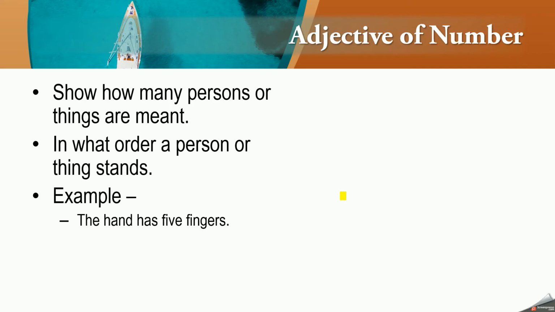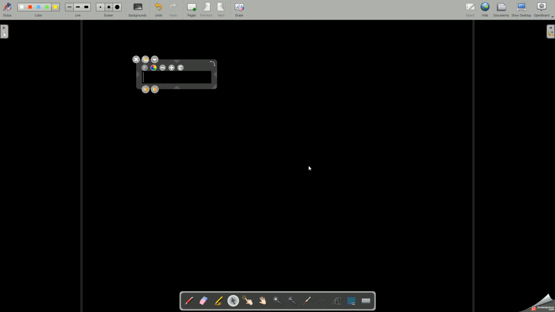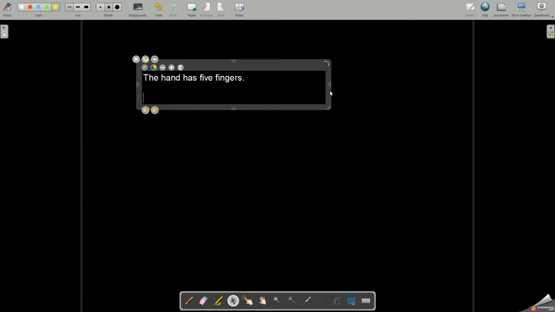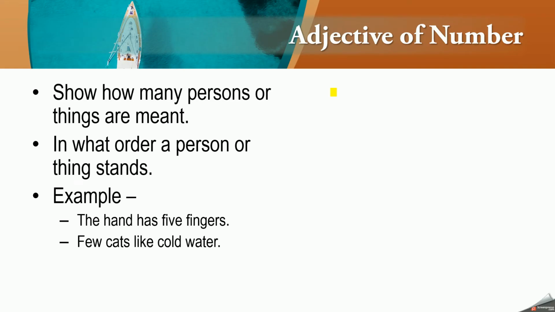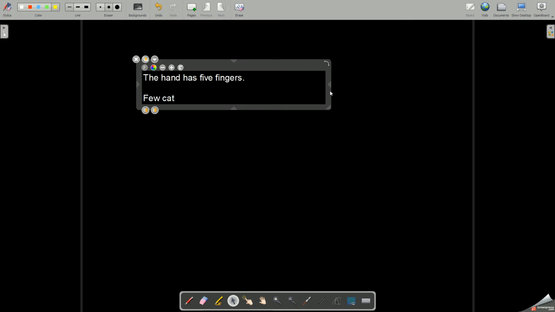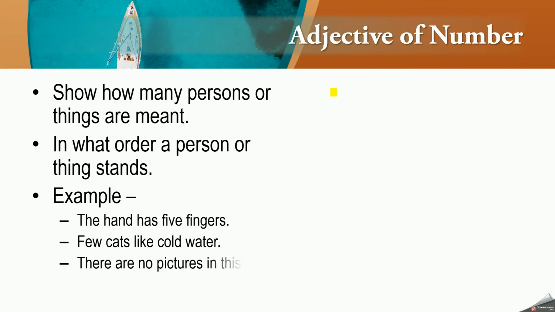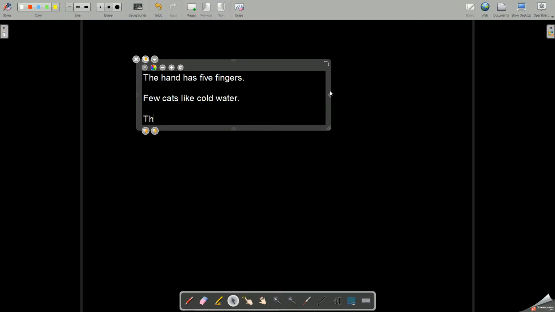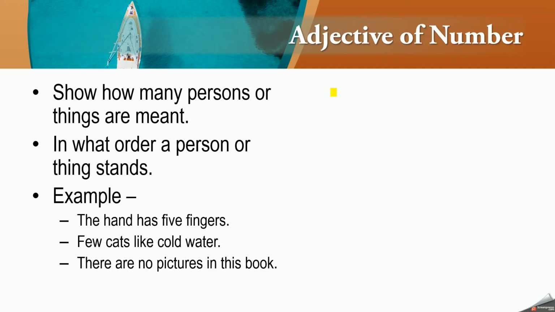Examples: the hand has 5 fingers. So I'm going to write these here. The hand has 5 fingers. Next, few cats like cold water. There are no pictures in this book. I have taught you so many things.